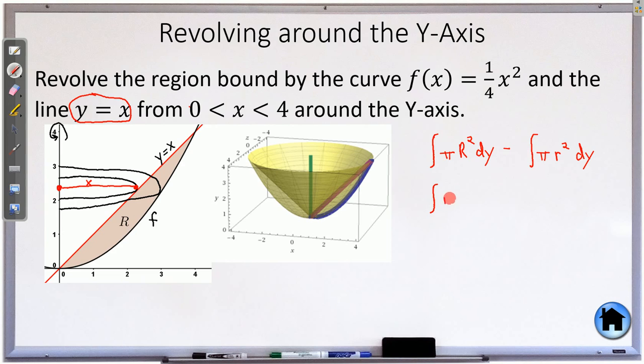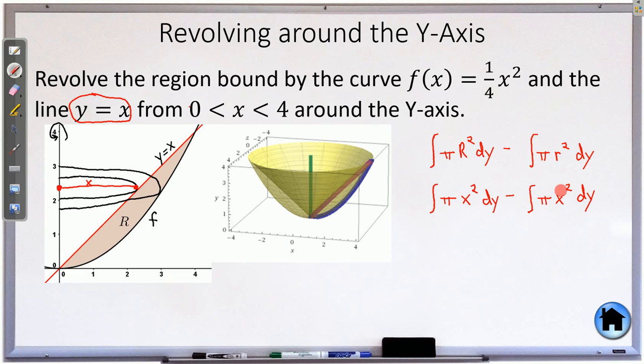So we put pi x squared dy minus the integral of pi x squared. Now this isn't completely mathematically correct, but I hope you're with me. These are not the same x's. As you can see, this x will be shorter than the big X that comes all the way out to here. So let's do the small one first.